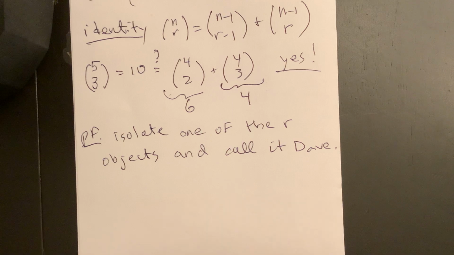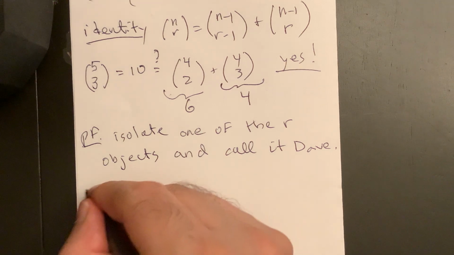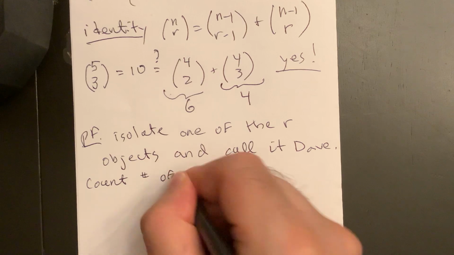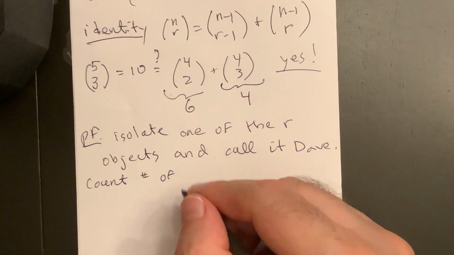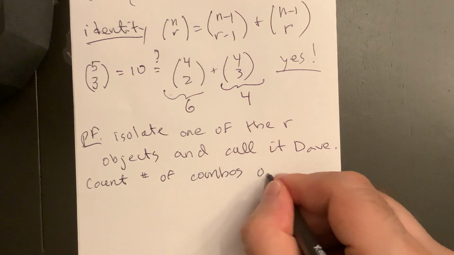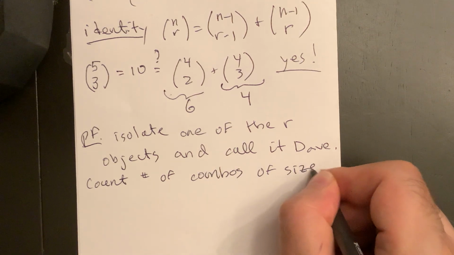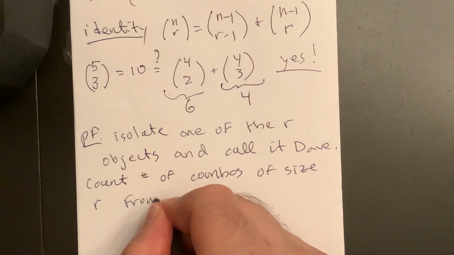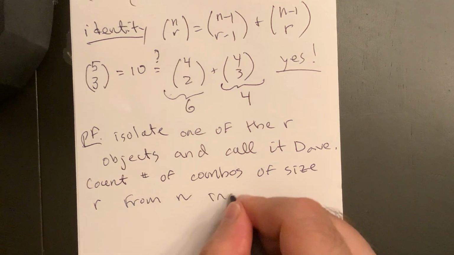You could call it anything you want. So then count the number of combos of size r from n, including Dave, and also not including Dave.